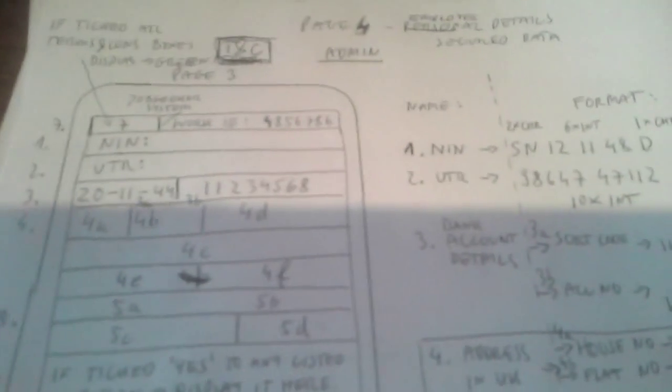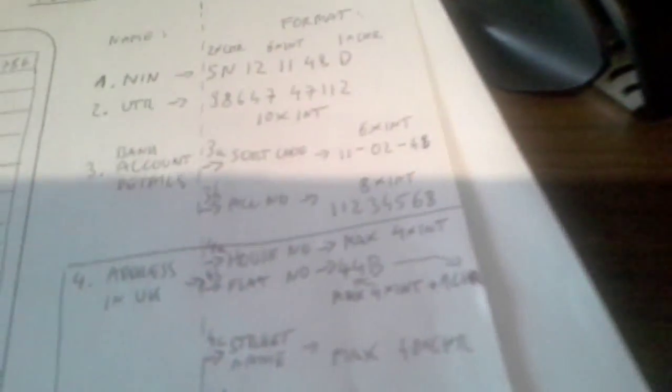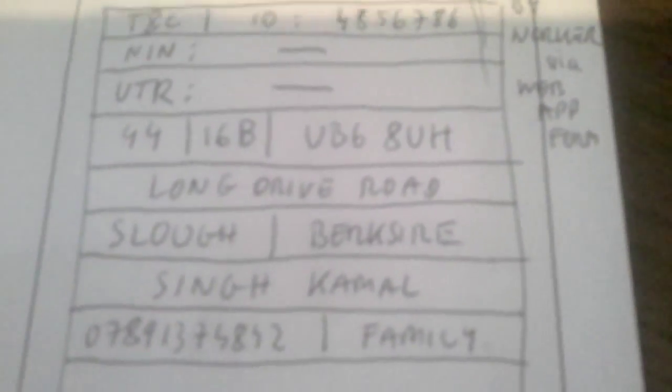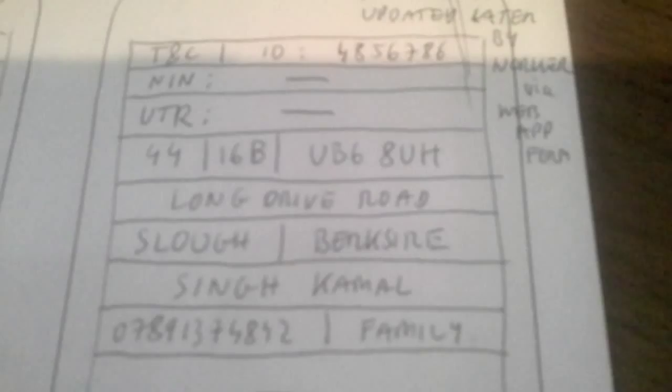Then we have number 4. 4 is his address. So the exact address, and the address can be a house number, but also a flat number. So it could be like this, 44 and 16B: a building number 44 and flat 16B, something like that. Then we have the postcode, Long Drive Road, so this is a street name, but you don't have to write labels because everybody knows that.